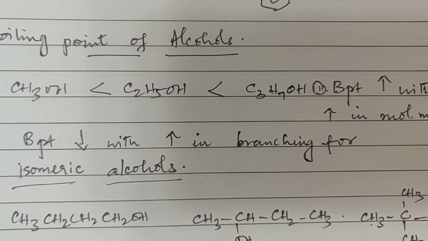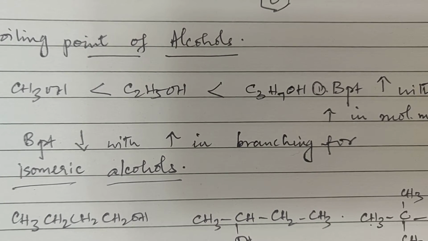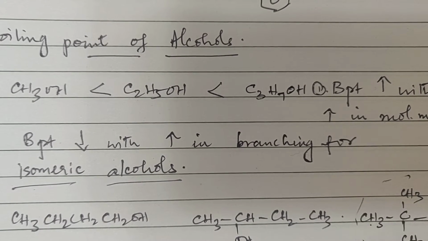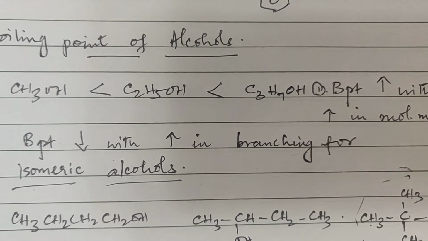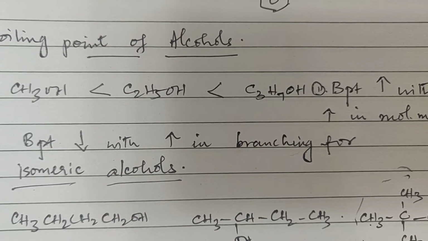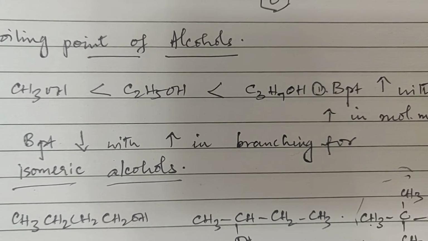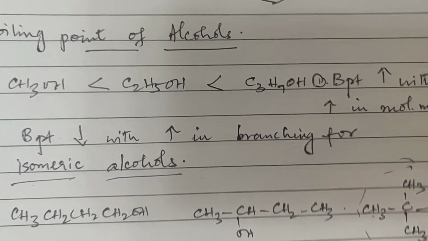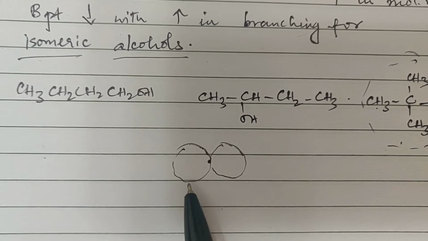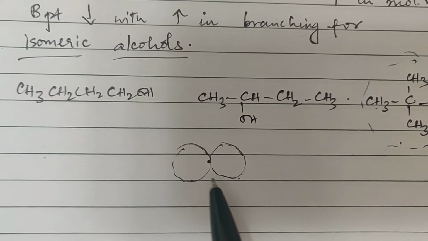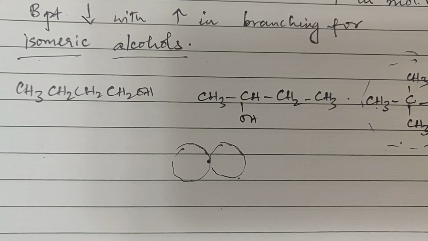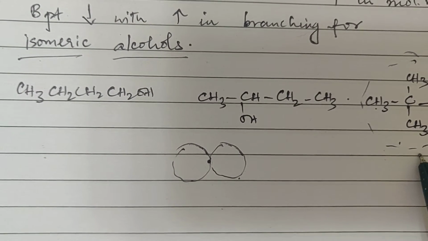Now why is it decreasing with increase in branching? That is because with increase in branching, the molecule assumes a spherical shape, and you know very well that between two spheres the area of contact is minimum, right? That is why the magnitude of van der Waals forces will be less, and hence boiling point will also be less.